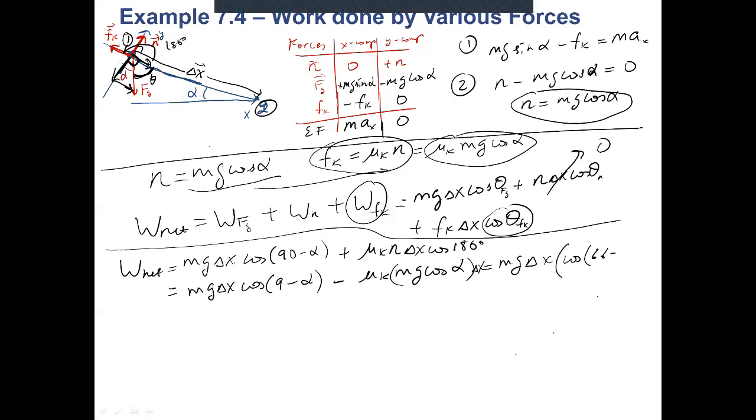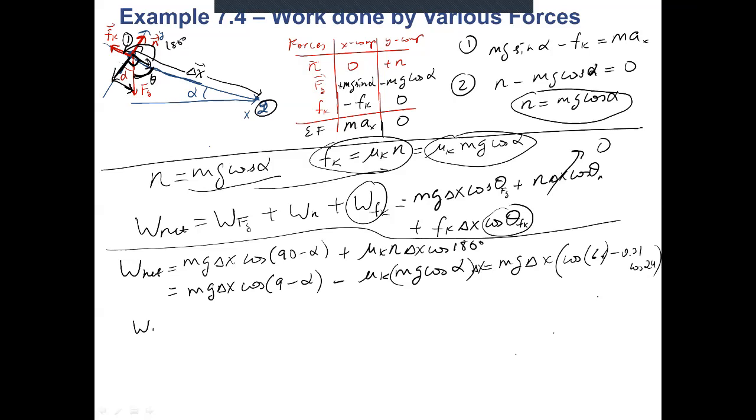So cosine of 66 minus the coefficient, which was 0.31, times cosine of 24. Kind of running out of room.